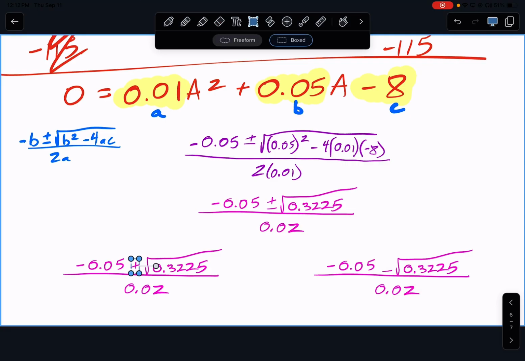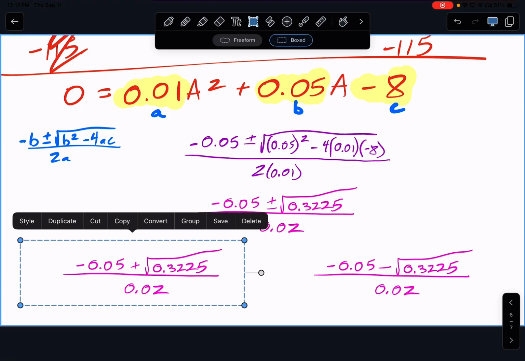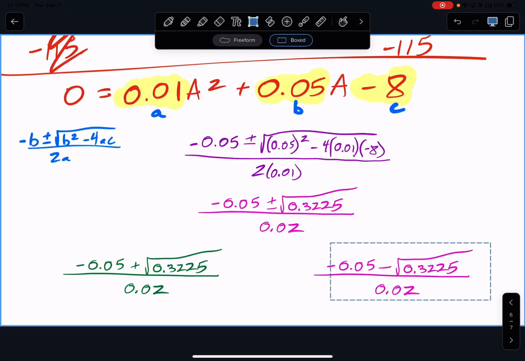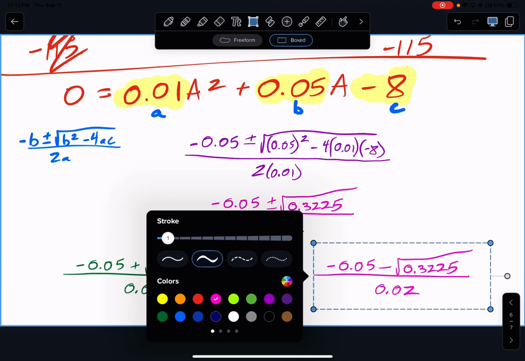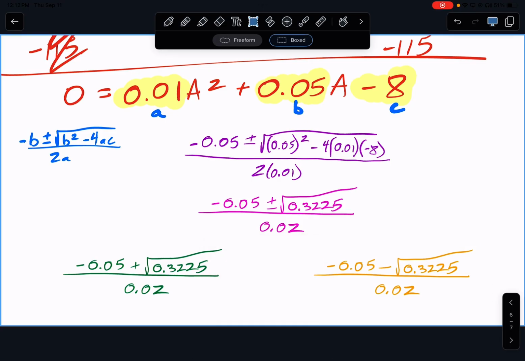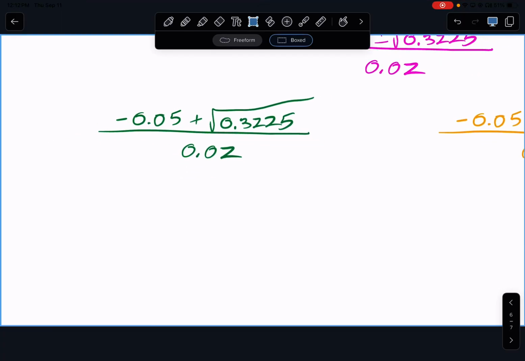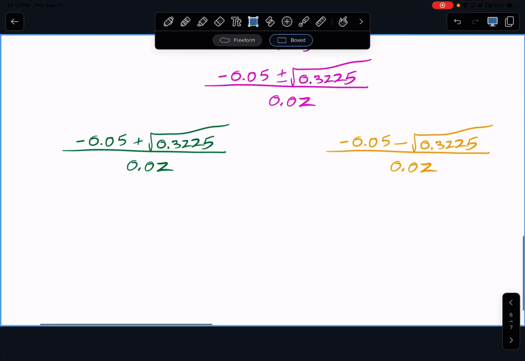Why did I just duplicate that and create two separate equations? Because I have that plus or minus. Good. All right, so over here, we're going to make this one green. We're going to make this one red, orange, actually. So when I solve the green one, I'm going to get a reasonable solution, right?